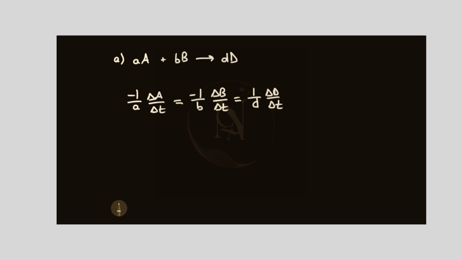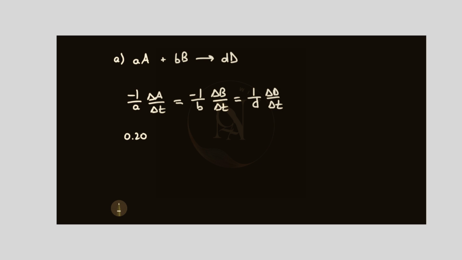So we're going to have the conversion of A and B to D. We know that we use up minus 1 over A, change in A over change in time, is equal to minus 1 over B, change in B over change in time, is equal to 1 over D, change in D over change in time.